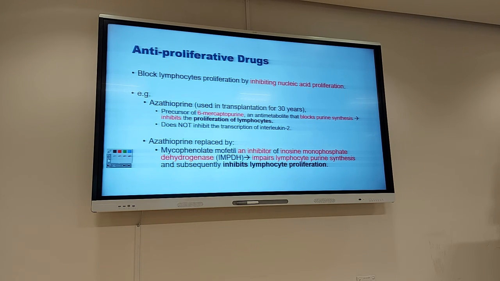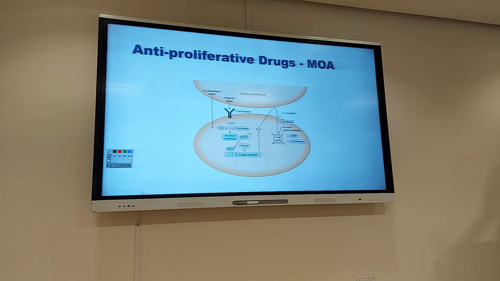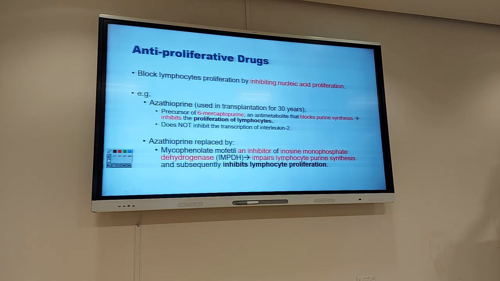The difference between azathioprine and mycophenolate mofetil is that azathioprine does not inhibit interleukin, whereas the more recent one that is used inhibits interleukin, and is an inhibitor of inosine monophosphate dehydrogenase. It's an enzyme required for guanine synthesis, and it's required in DNA synthesis.